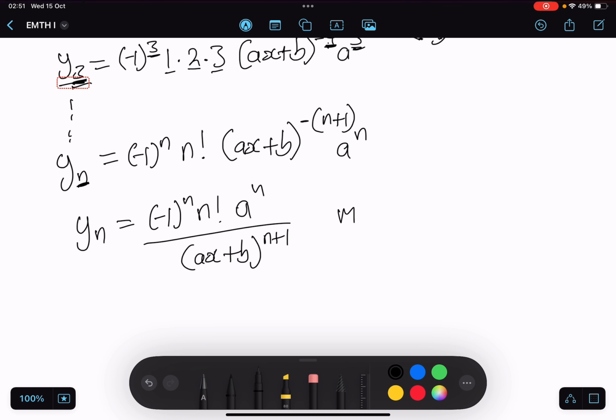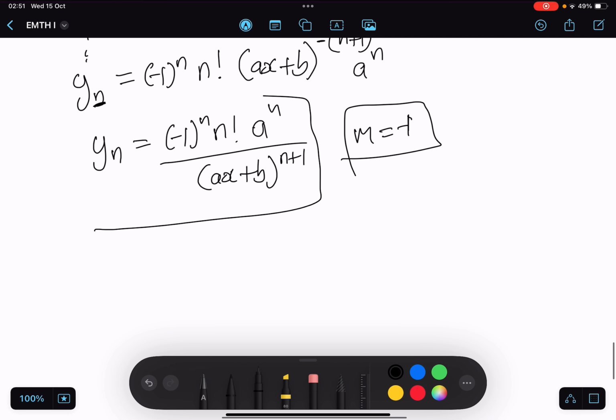So when m is equal to -1, this is how you can get the nth derivative.